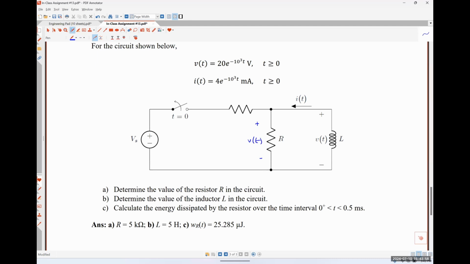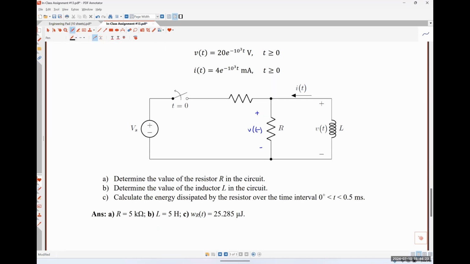We are asked to determine the value of the resistor in the circuit. Anybody have any thoughts on how we might do that? Couldn't you just use Ohm's law with the 2 equations given? Absolutely. Doesn't need to be any more difficult than that.